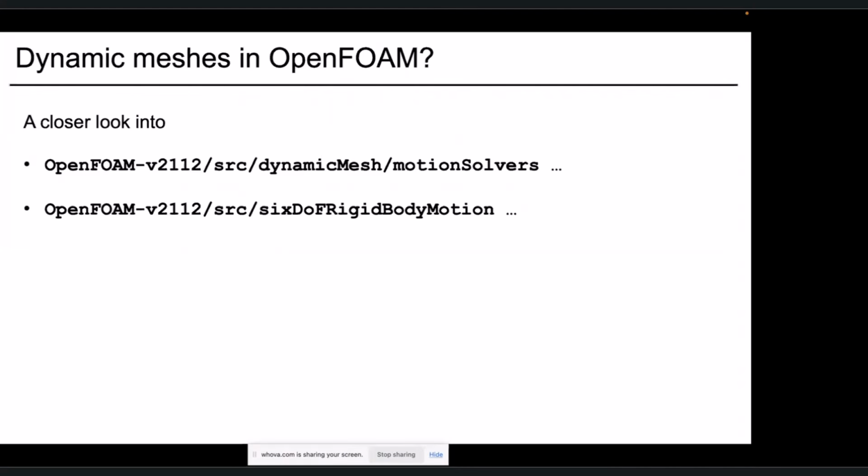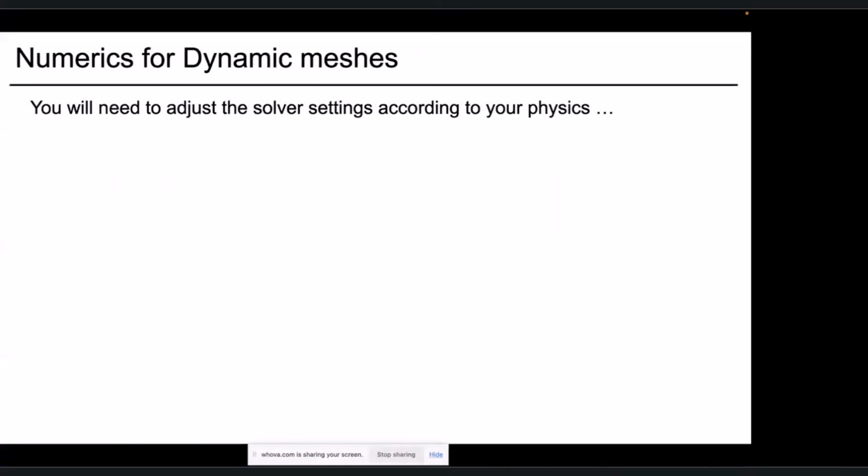Now, again, the last thing I have to do before discussing particular things is to tell you why we need to really take care of the particular numerics or numerical schemes for dynamic mesh applications. Because we need to adjust the solver settings according to the type of intricacy in the physical problem that we want to go into.